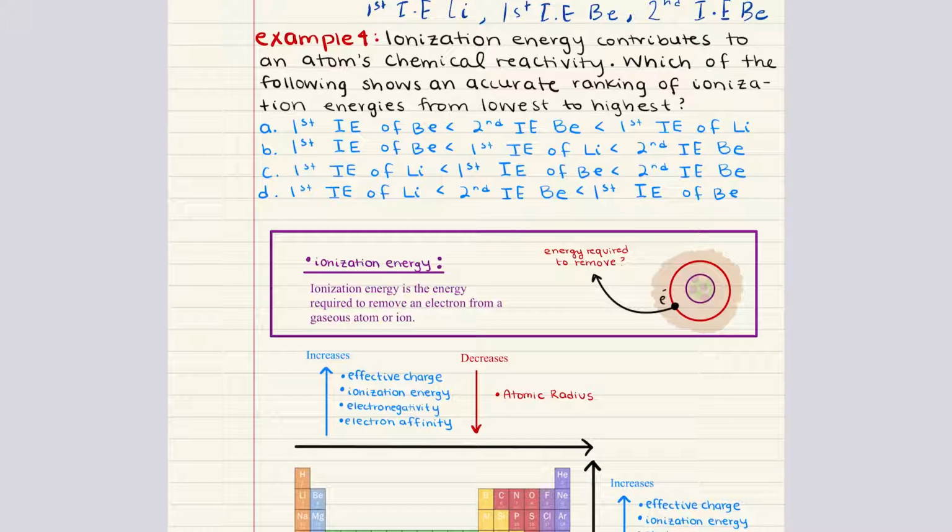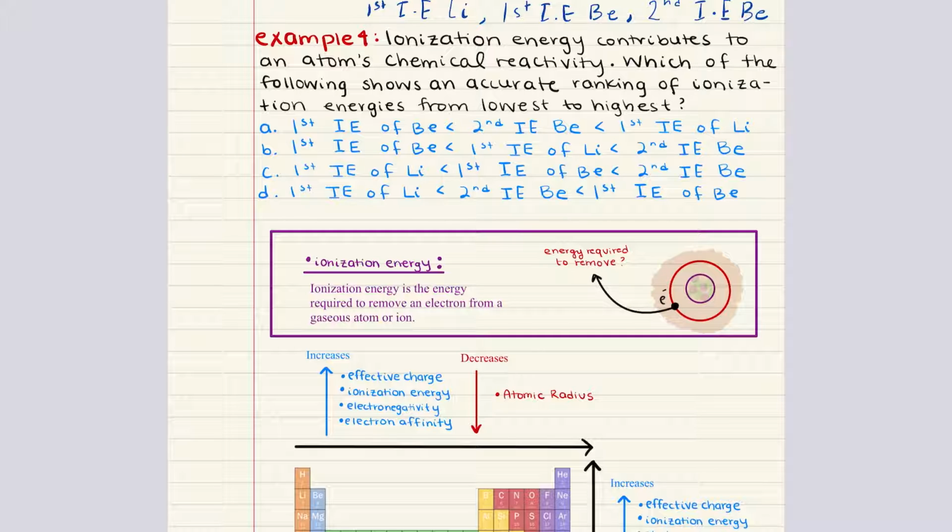In this question, we obviously need to understand the concept of ionization energy to determine the correct ranking of ionization energies from lowest to highest for lithium and beryllium. Now, ionization energy is the energy that's required to remove an electron from an atom in the gas phase. The first ionization energy refers to removing the first electron.